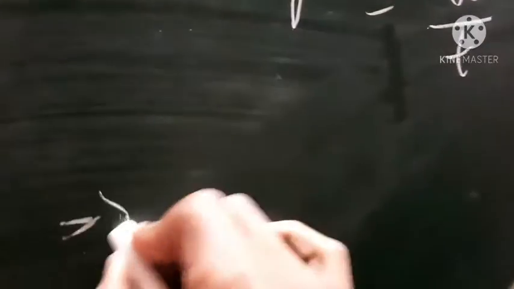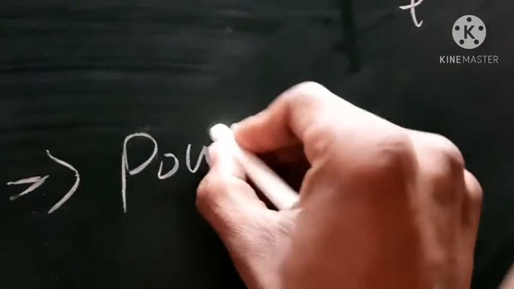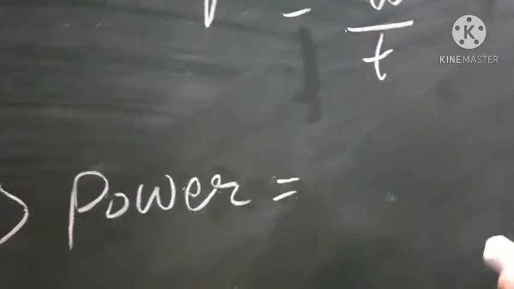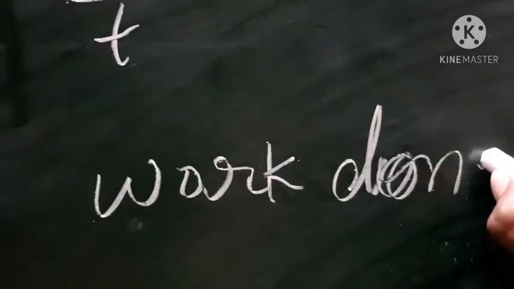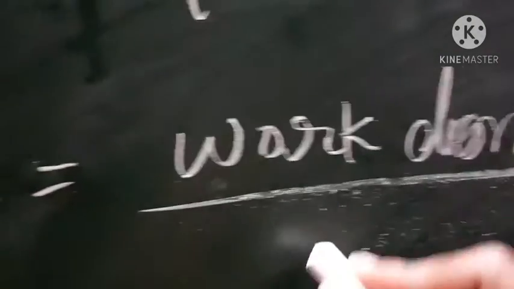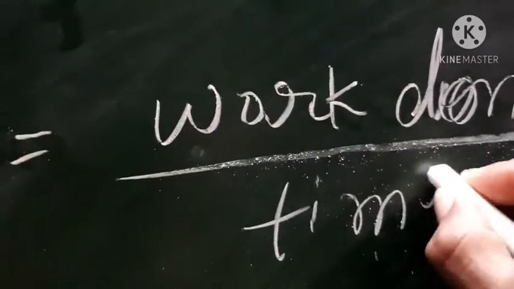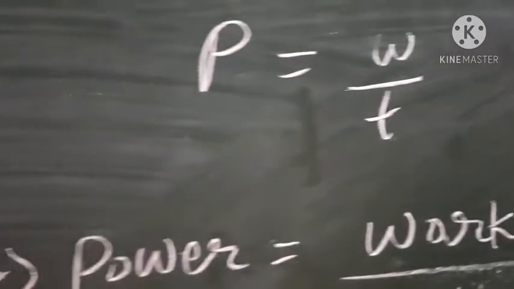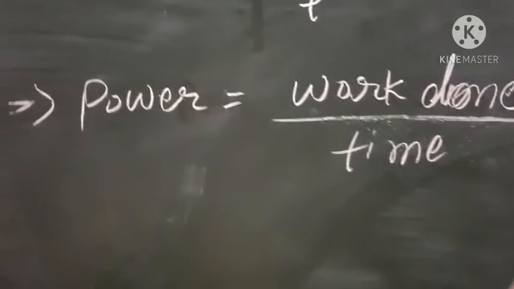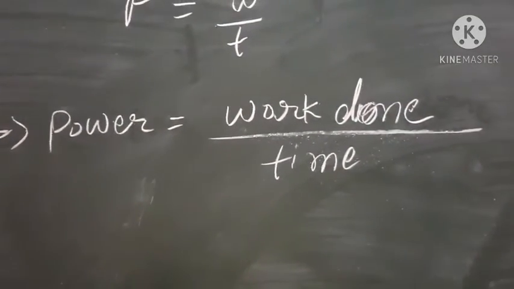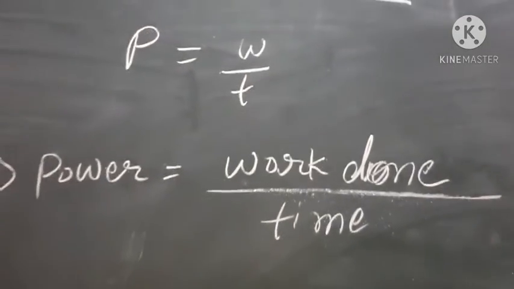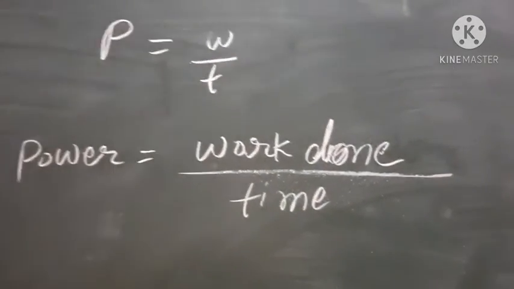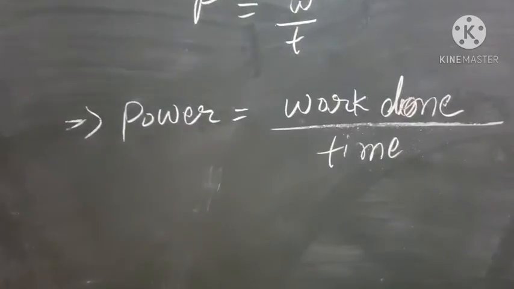We can also write it like this: electric power is equal to work done in unit time. So this is the simple definition: power is the rate of doing work. Let's talk about it in more detail.